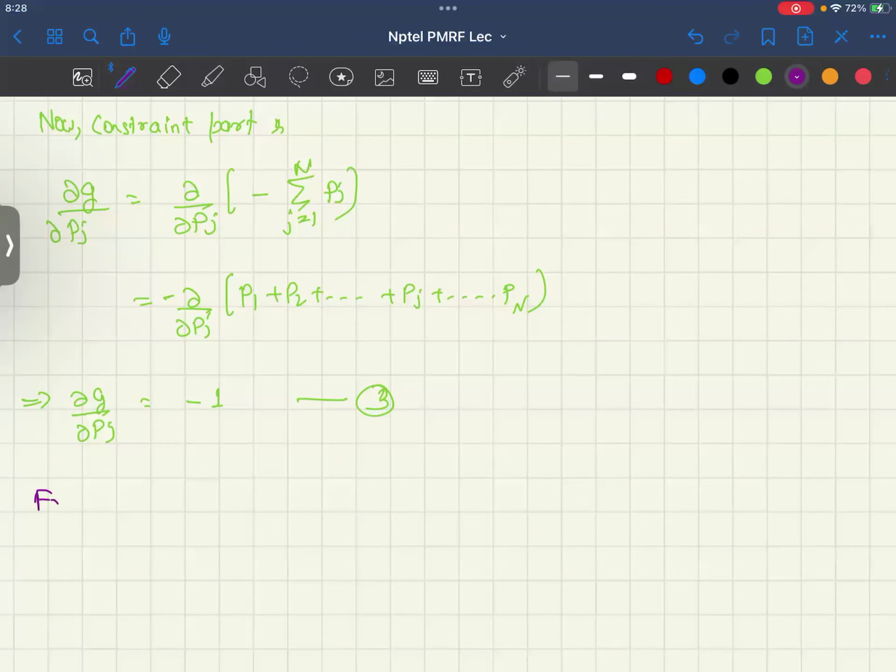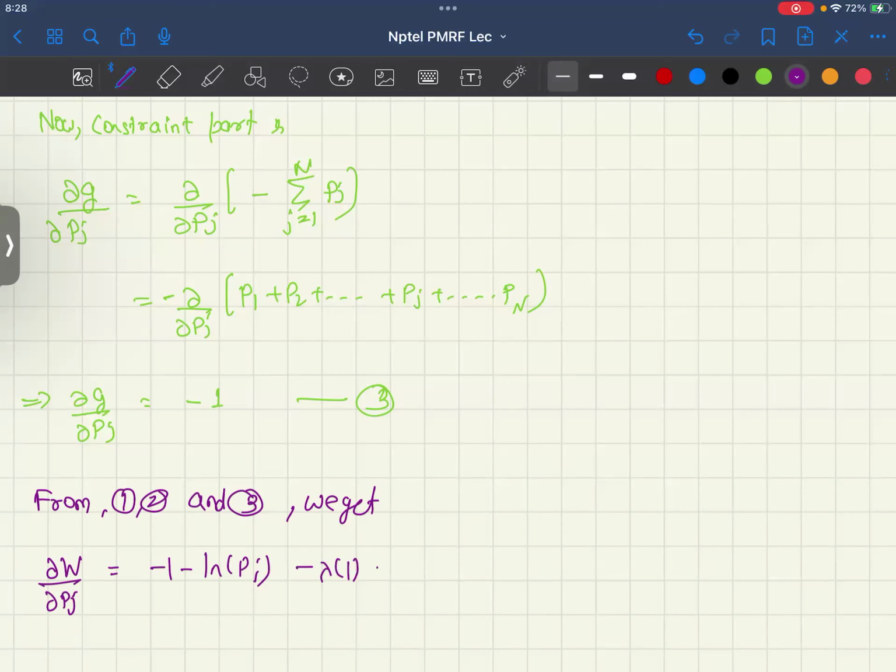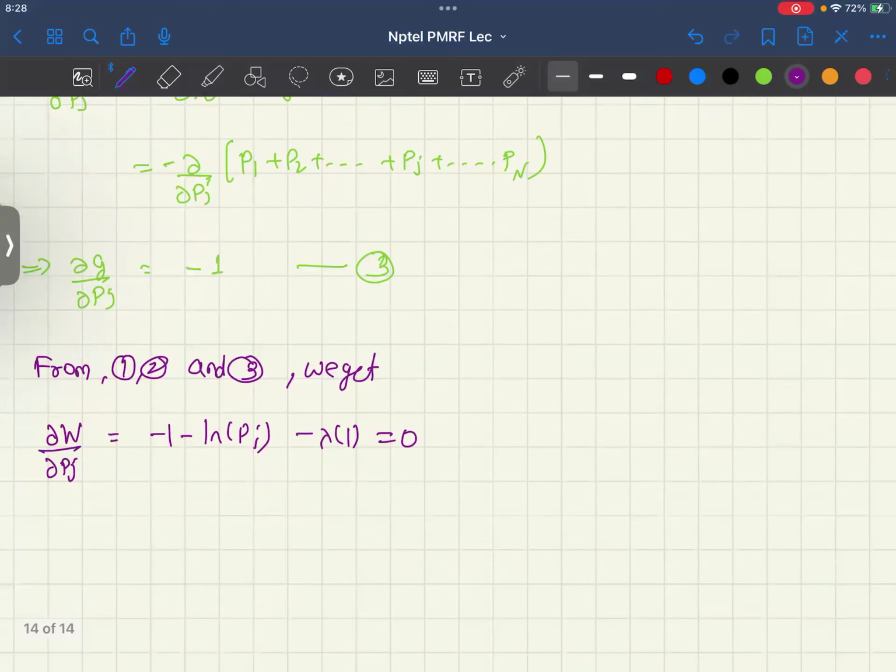Now from 1, 2 and 3 we get ∂w/∂pj is equal to minus 1 minus ln of pj minus lambda into 1 is equal to 0.